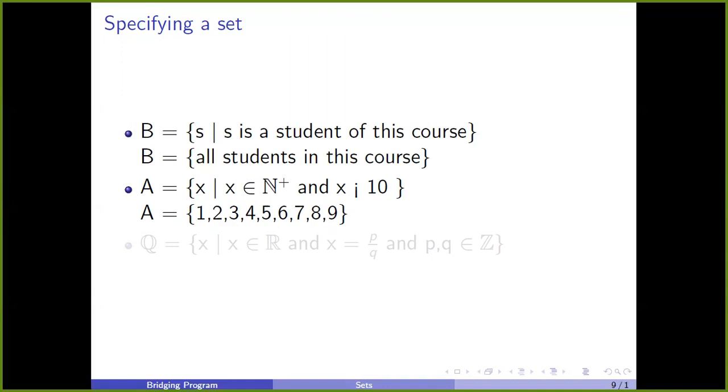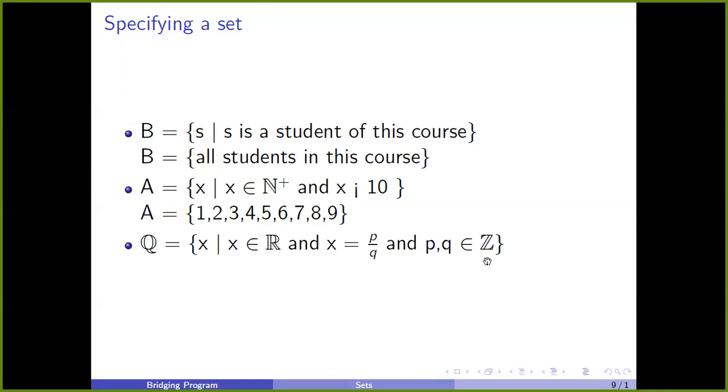Right? So I'm going to use the same notation to define the rational numbers. So a rational number x is such that x has to be a real number. So it's basically all the numbers that you can count, right? 1, 1.1, 1.001, and so on, with all the decimals and all that, such that x is equal to p over q, where p and q are integers, right?